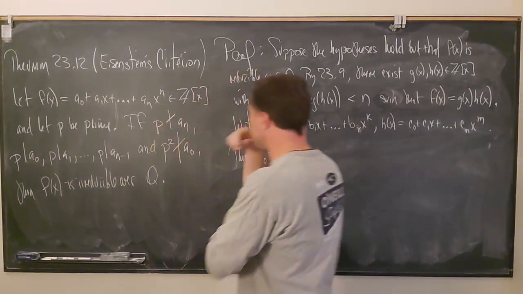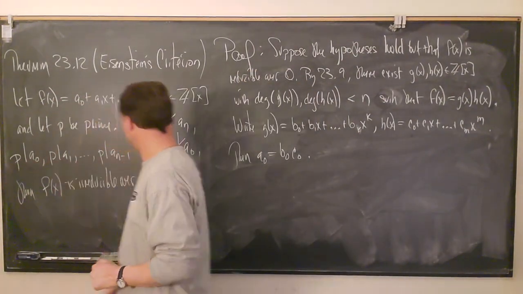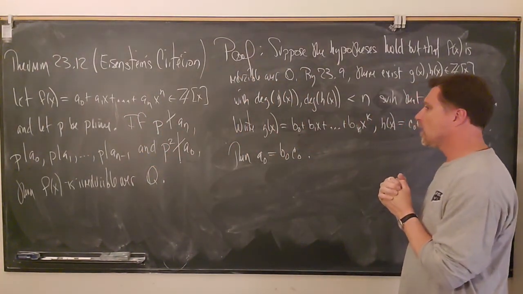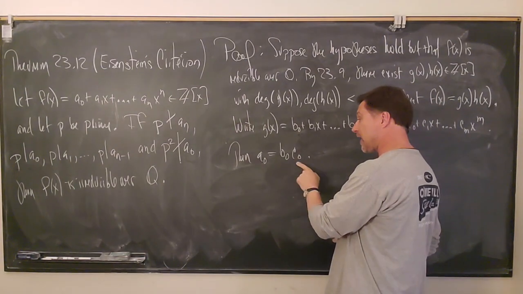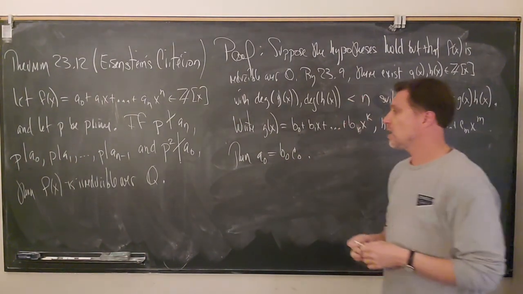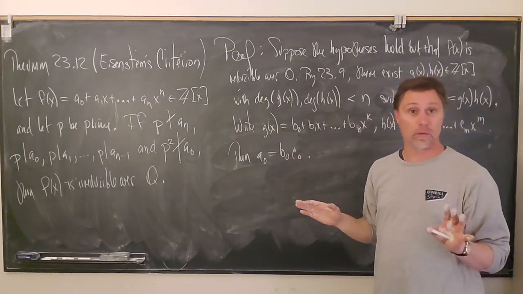Now, what do we know? We know that p divides a0, but p squared does not divide a0. So p divides this product, which means that p needs to divide one of the two coefficients. But because p squared does not divide this product, it can't divide both.